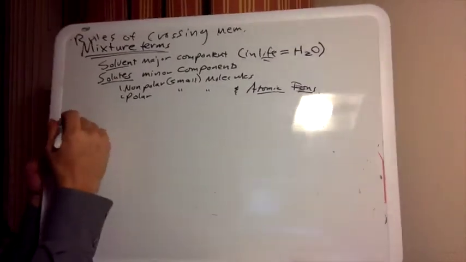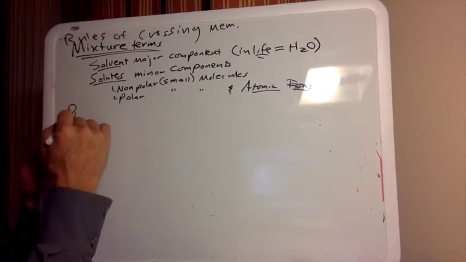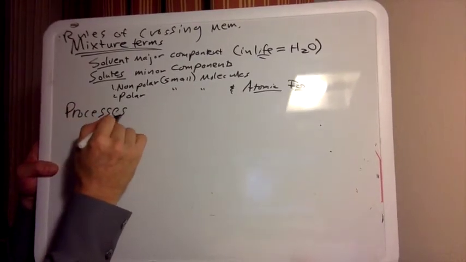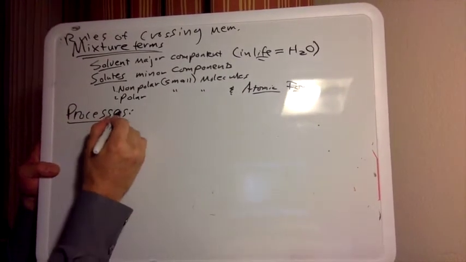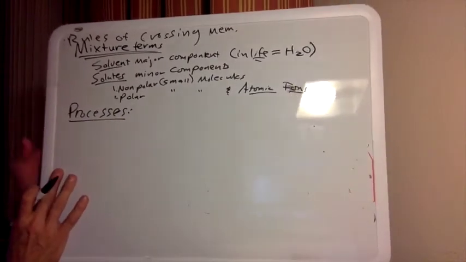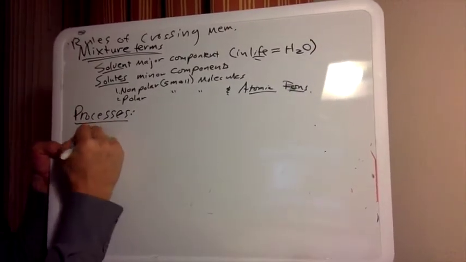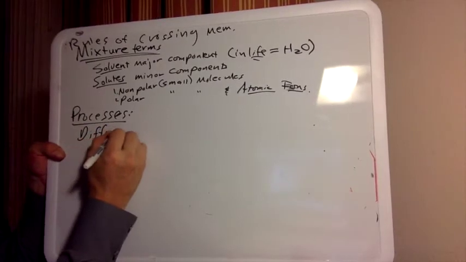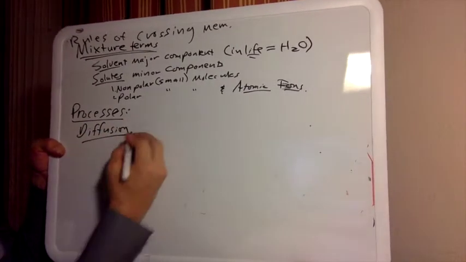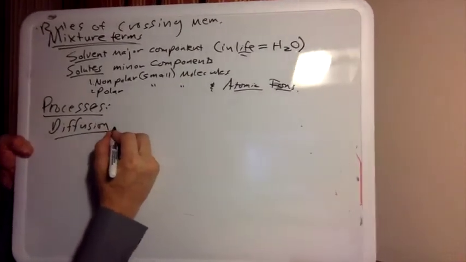So then the processes, we've got two processes. The processes here would be diffusion. We're going to define diffusion, and then I'm going to show you a little picture of it.